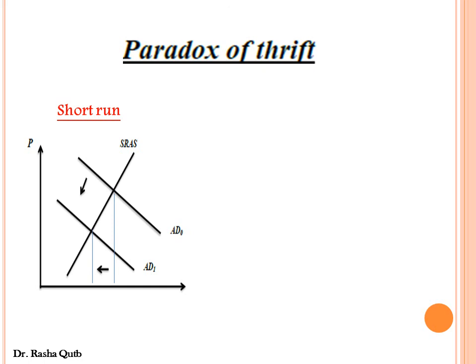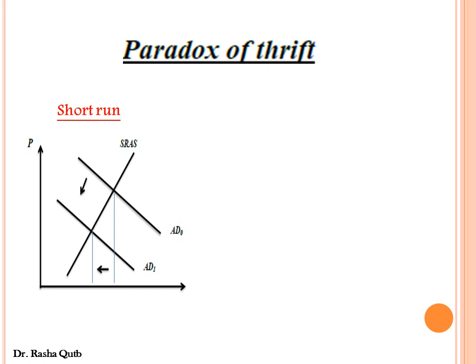But in the long run, national saving will be converted into investment, and when investment is accumulated it becomes capital formation inside the economy. When capital formation increases, this would affect the level of national income in the long run.